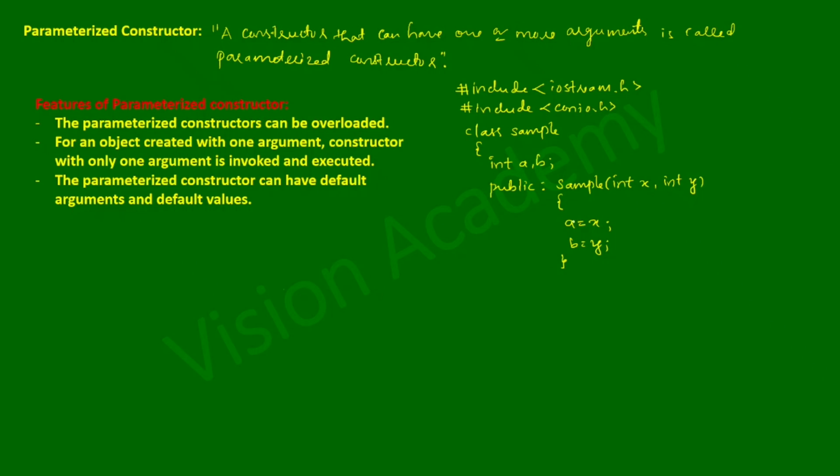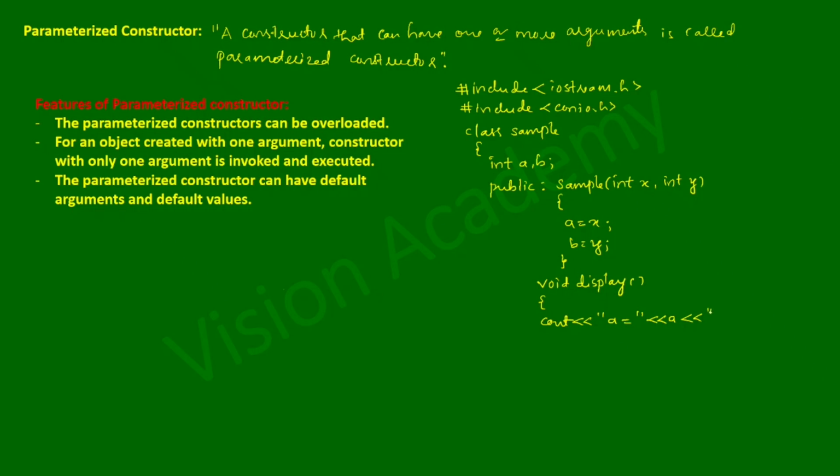In order to display the result, we have to have a user defined function. Here I'm going to write void display without any arguments, curly open brace. Here I'm going to write cout statement, stream insertion operator. In a double quotation mark, I'm going to write a is equal to, and the value of a will be printed.